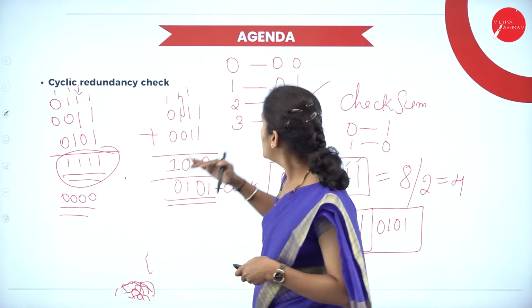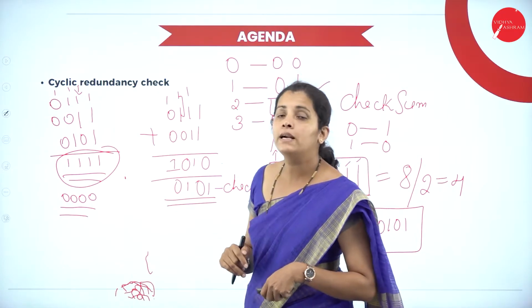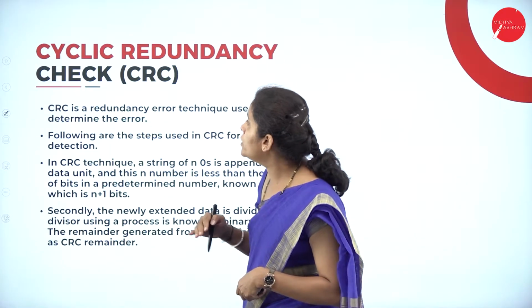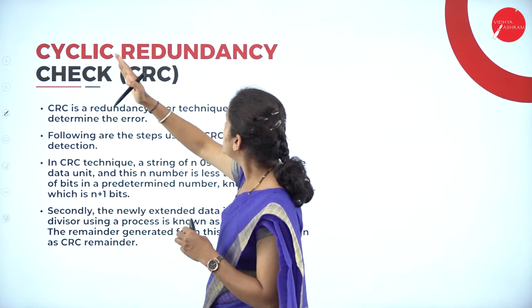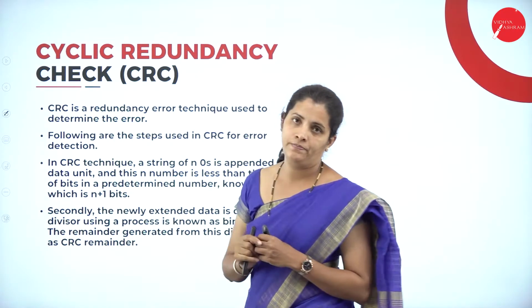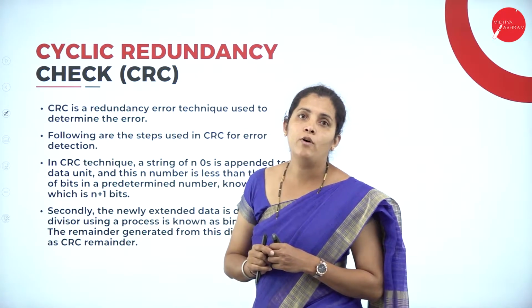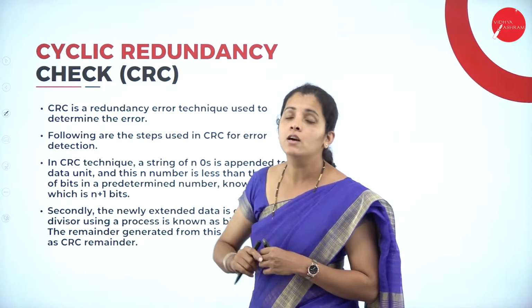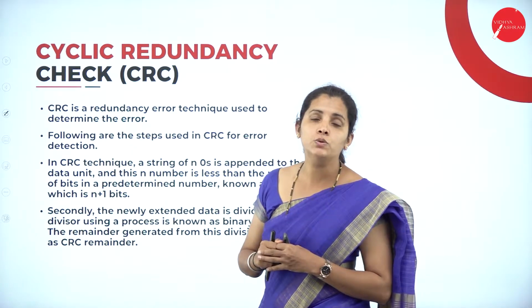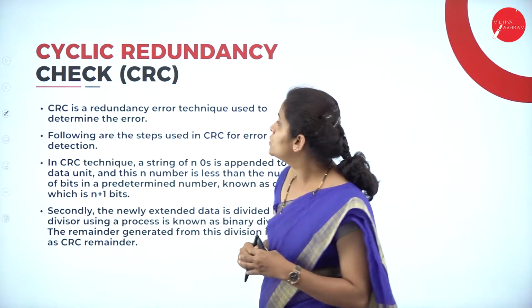So this is all about your checksum. But in today's session, we are going to discuss cyclic redundancy check. This is also one type of error detection method most commonly used in networks.